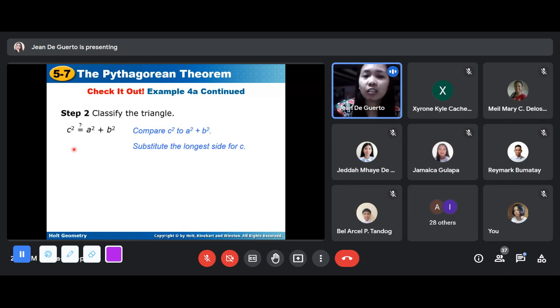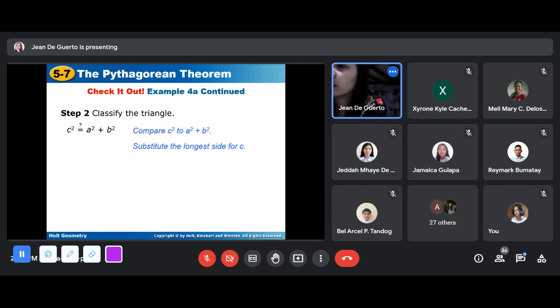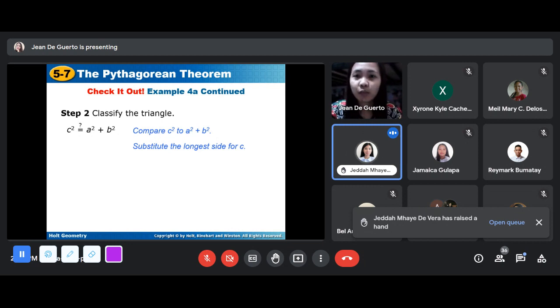Take note, yung 16, yun yung i-replace natin dun sa C. Ma'am, obtuse triangle.